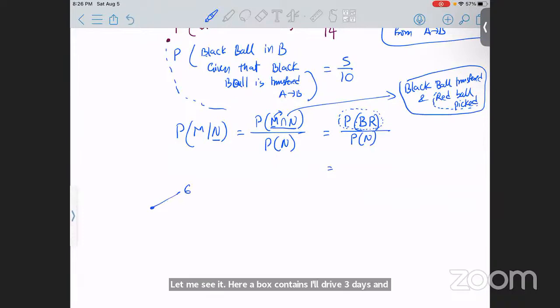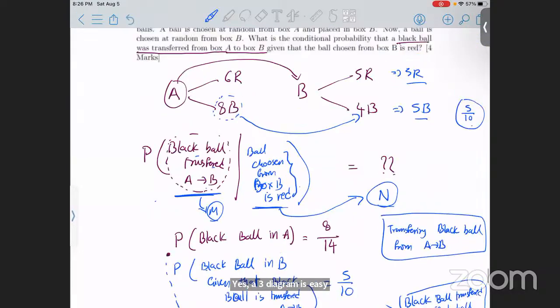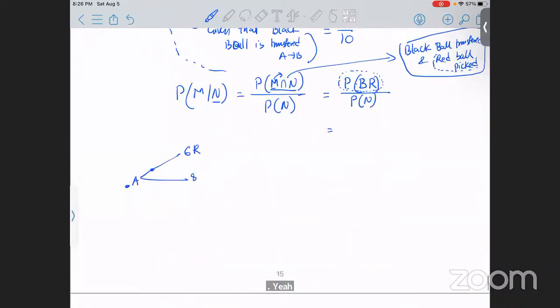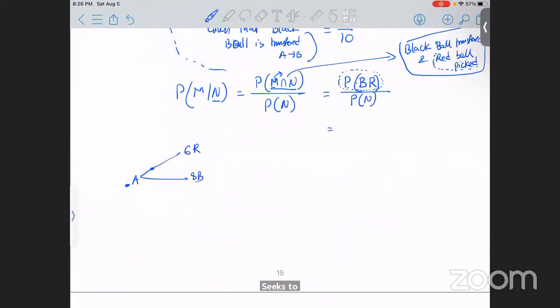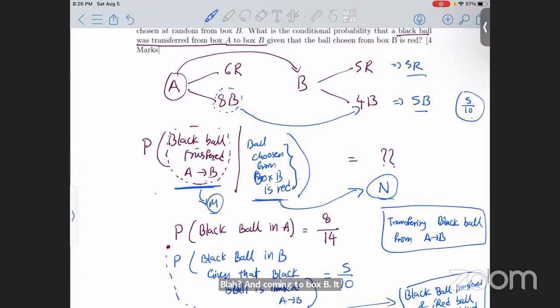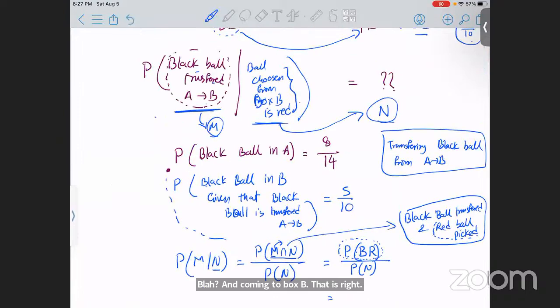Box A has 6 red, 8 black, and coming to box B, that is 5 red, 4 black.